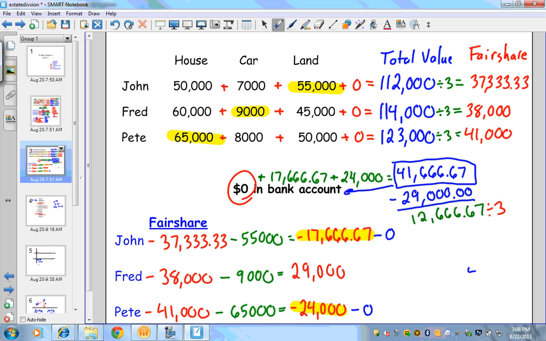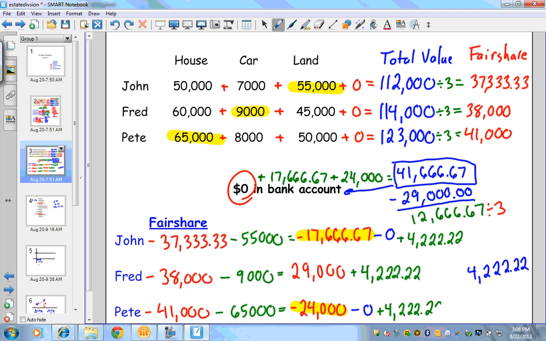And so when we do that, John is going to get some money back, $4,222.22 to be exact. Fred is going to get the same, as well as Pete.